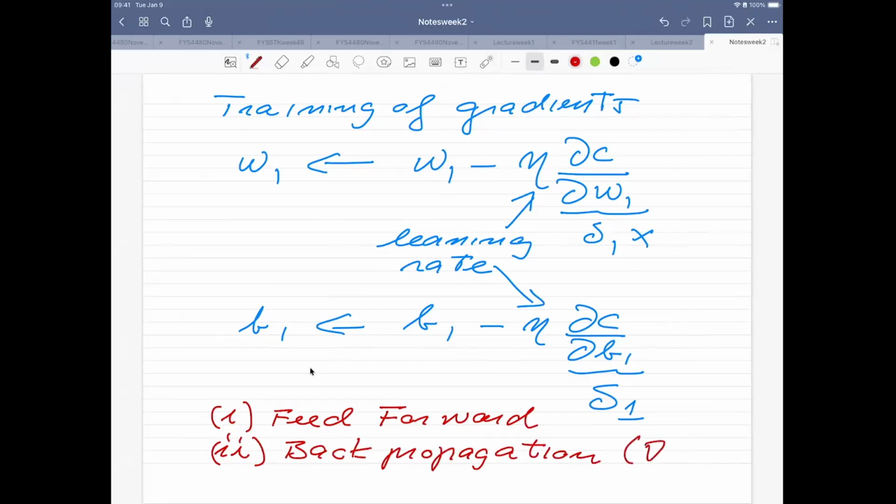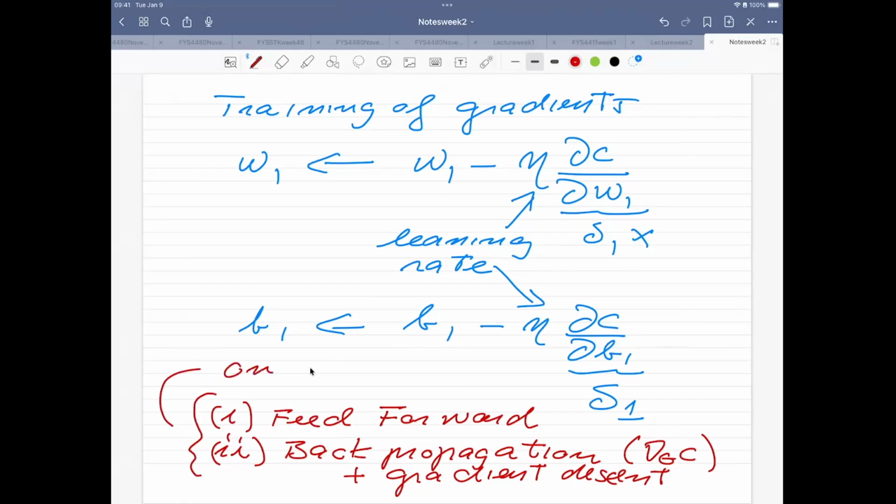So I'm going to put delta of theta of C plus gradient descent. And gradient descent is the way you actually perform the update of the parameters. So what you have here, this step here, is one iteration or one step. And then you continue this iterative process till you have reached the convergence you are happy with.